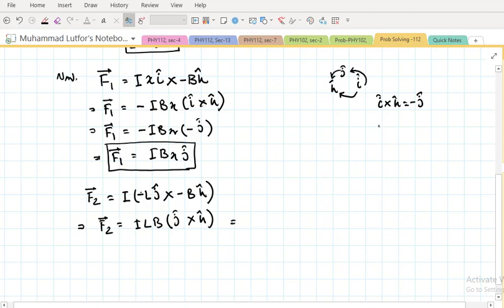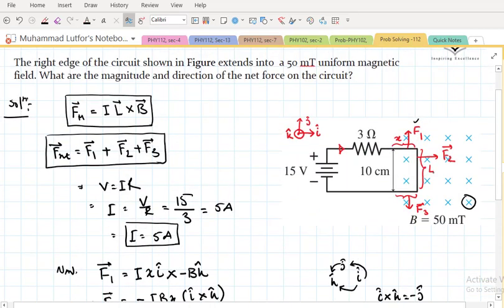I'm moving counterclockwise over here, so J cross K is going to be plus I. Then I will find this will be I L B I hat. So that should be towards the positive X direction.